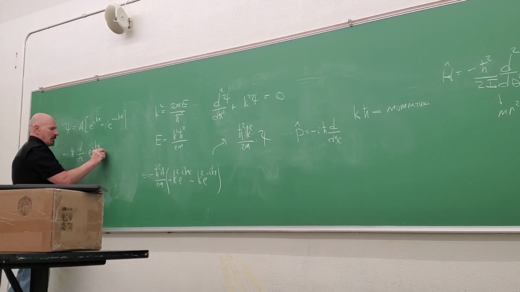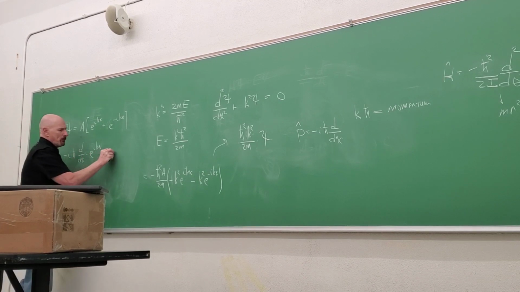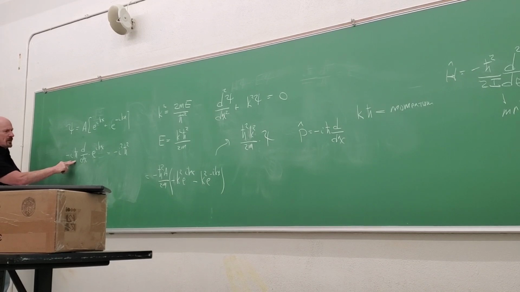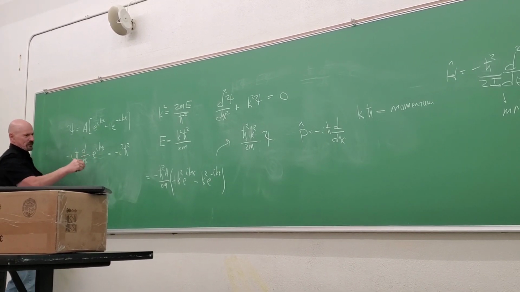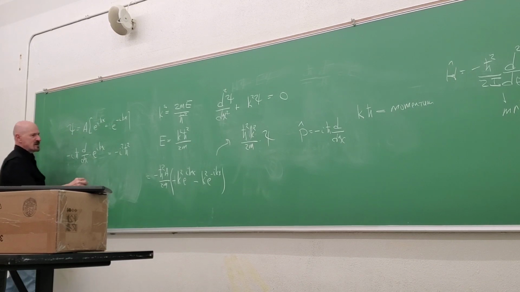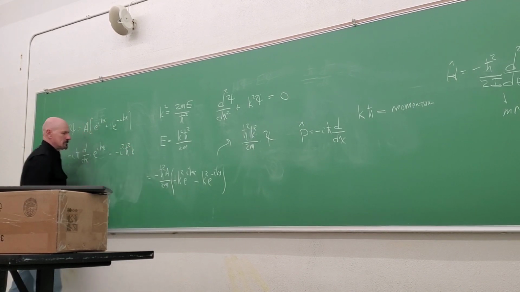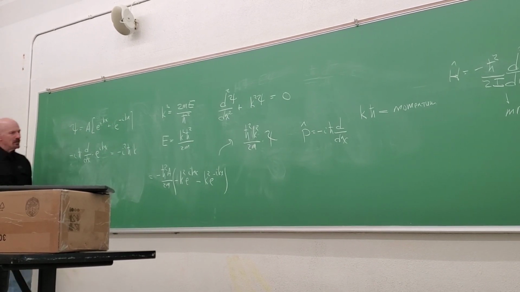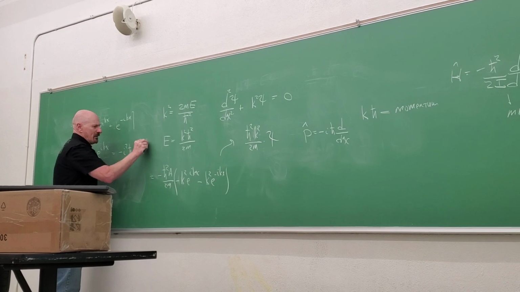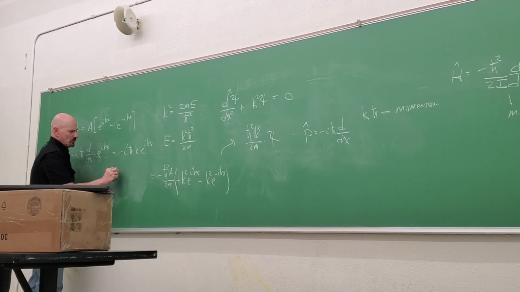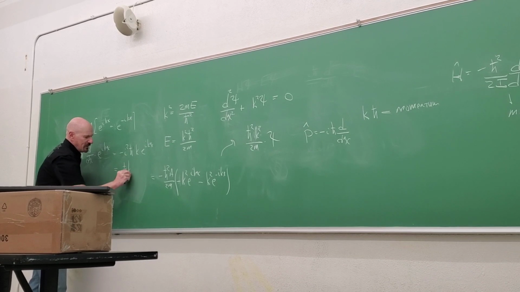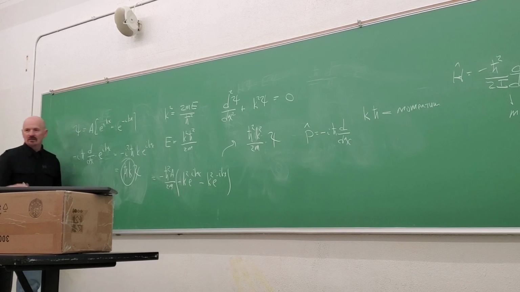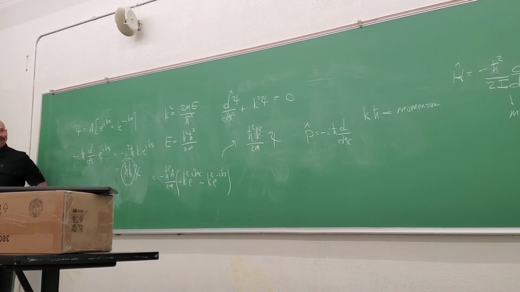I get minus i squared h bar k times e to the ikx, which comes out to be h bar k times the wave function back again. So in this instance, I get a constant, h bar k, and that's the momentum as argued.